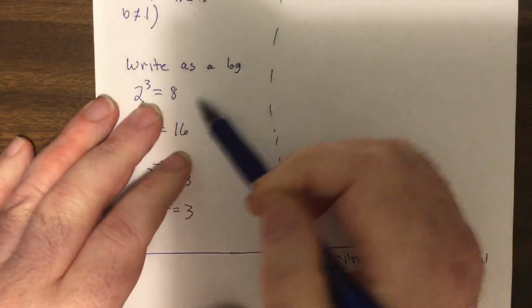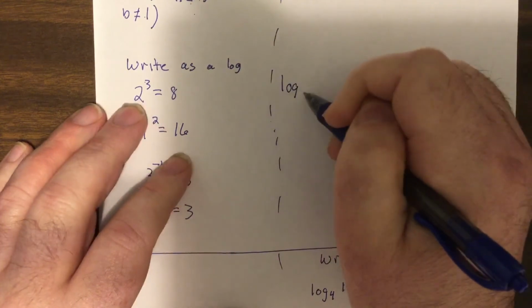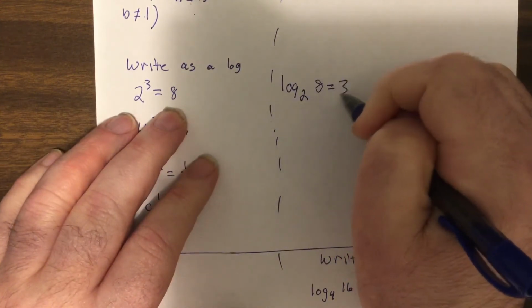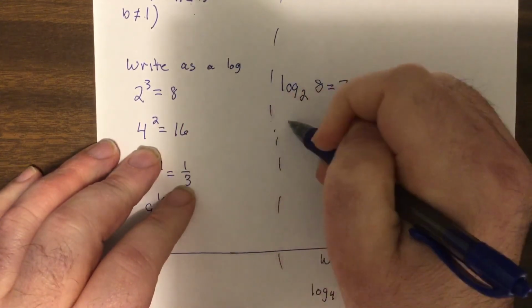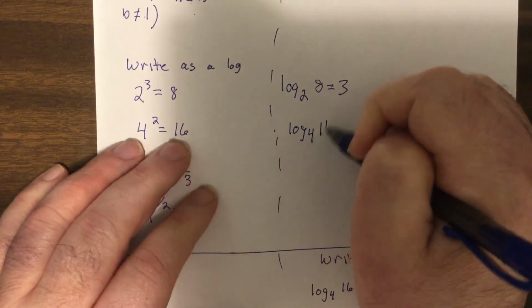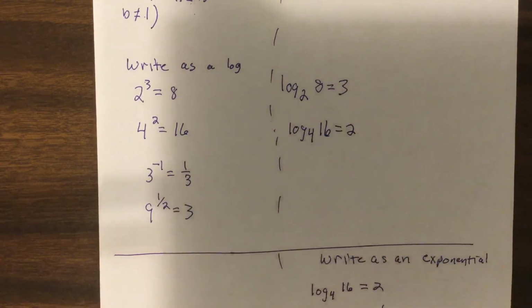So write these as a log. Well, you go log base 2 of 8 equals 3. Log base 4 of 16 equals 2. So go ahead and freeze the video and try to do those two.